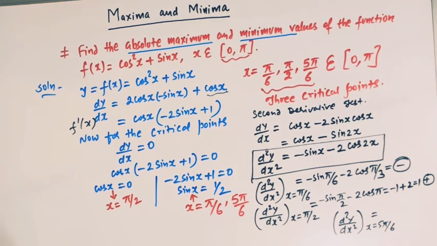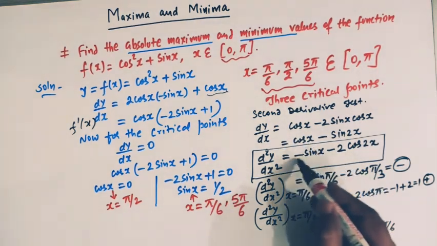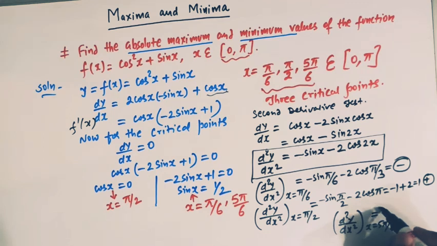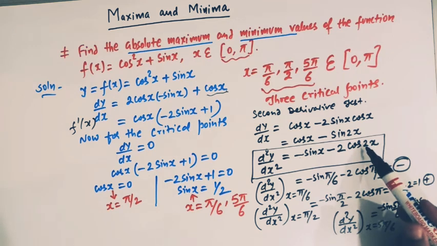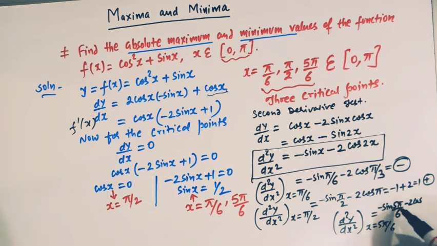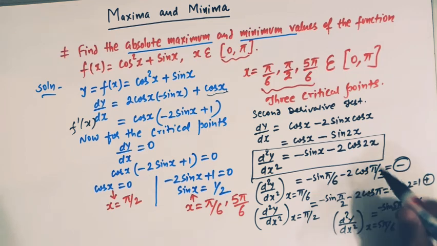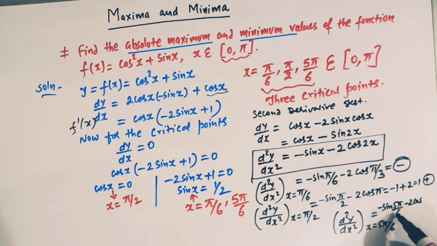Okay, now at x equal to 5 pi by 6, the value of this expression is minus sin 5 pi by 6 minus 2 cos, here we have 2 times 5 pi by 6, so cancelling out this 6 by 2, we have 5 pi by 3, right?